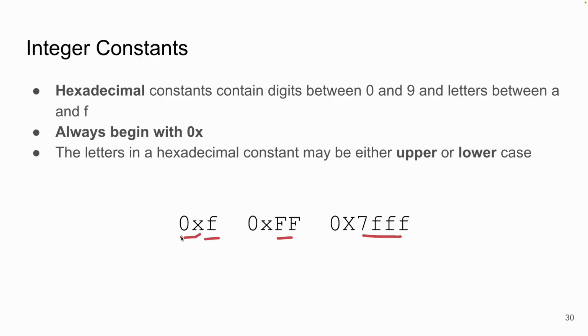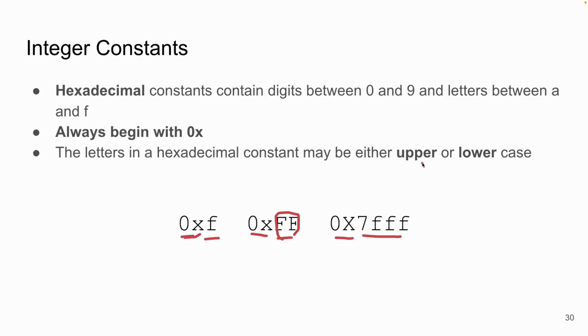So don't ask me why it's 0x. This is a design of C. So if you see this kind of number in C, then you know the number after the 0x is in hexadecimal format. And you can see the letters in hexadecimal constants don't matter.